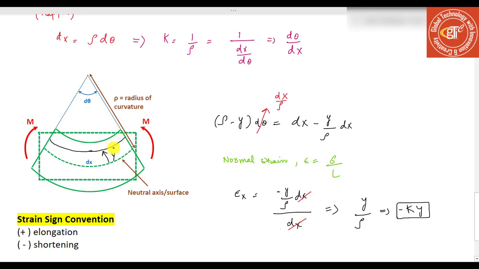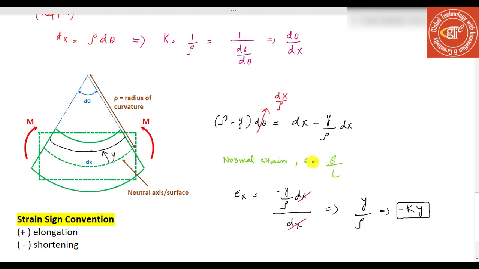And so I can substitute for d theta the relationship we derived above, that d theta is equal to dx over rho. So we simply plug in over there, and then after simplifying we come up with this equation, that is dx minus y over rho times dx.